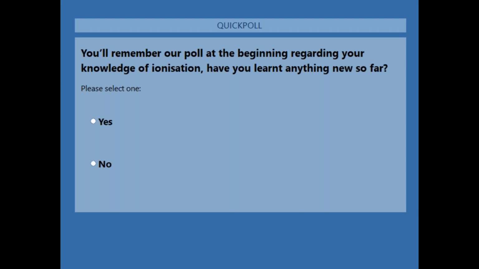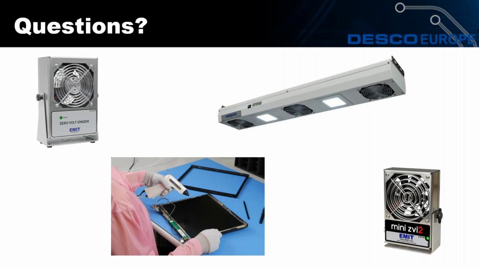Our area of expertise is in ESD, and one of the value-added services that we offer is ESD surveys and assessments, where we will come to your facility and look at your ESD handling procedures and products and what you've got, and see if they're compliant with the European standard. And obviously part of that would be, do you need ionisation? That's what we would look at and be able to advise you accordingly on that.